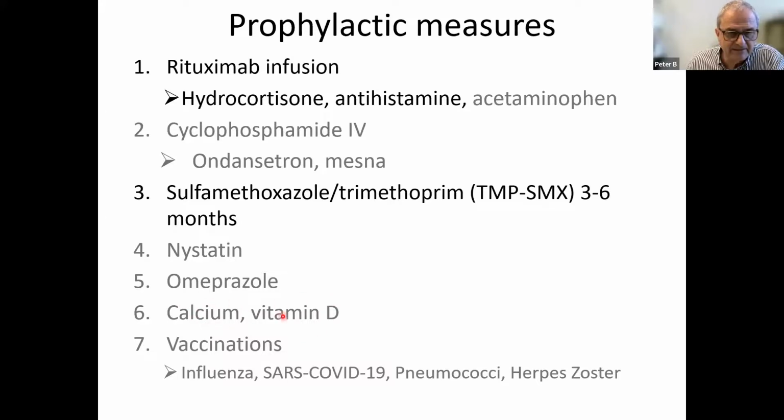Calcium and vitamin D, we don't use bisphosphonates because of low kidney function. And also in vaccinations, although there are reports of vasculitis activity after vaccination, it's more risky with the infection than the vaccination.